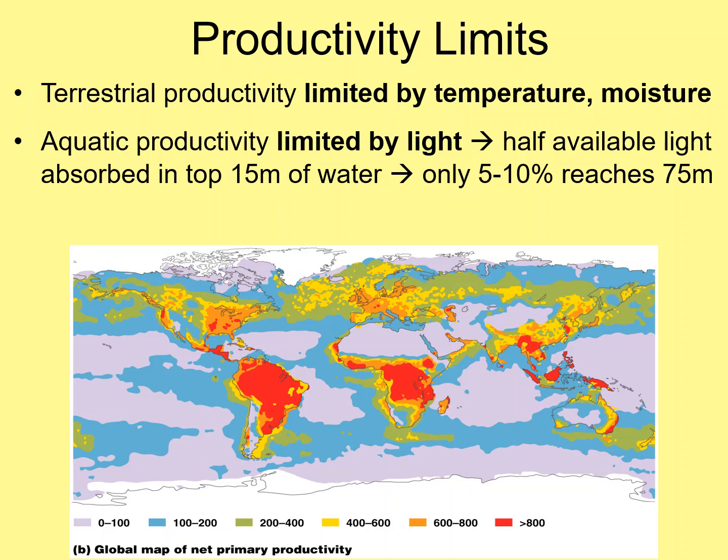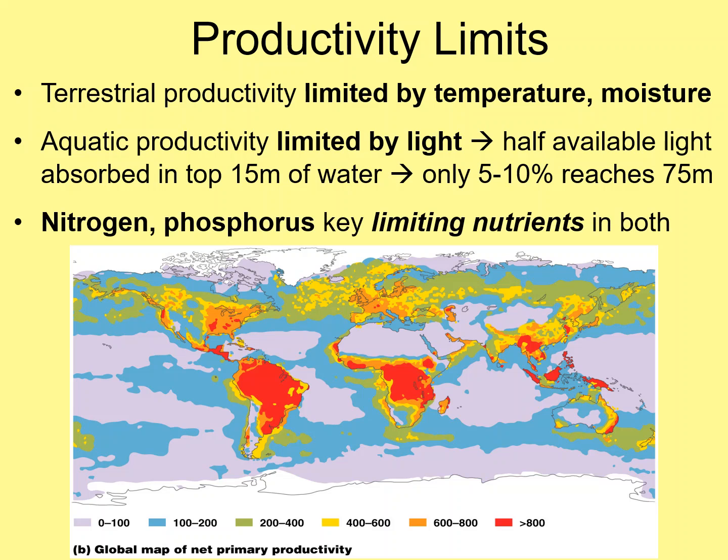So there's lots of competition for light, but there's nothing really that's preventing light from reaching the surface of the planet, or reaching the soil, other than living organisms that are in the way, capturing the light.